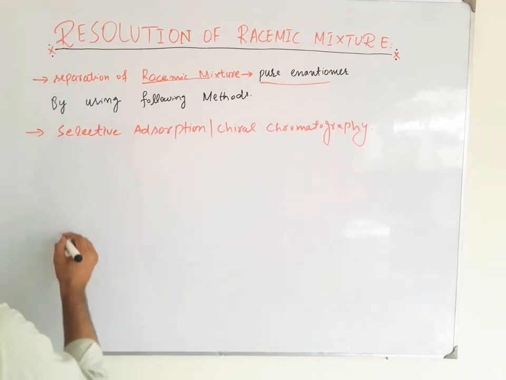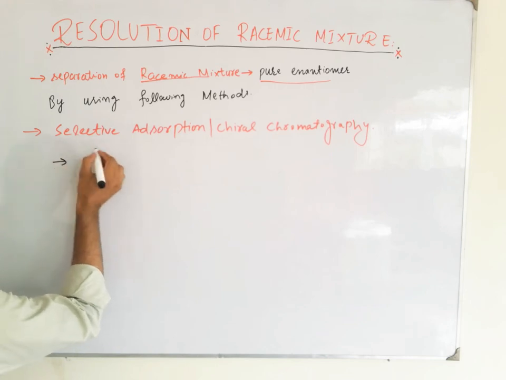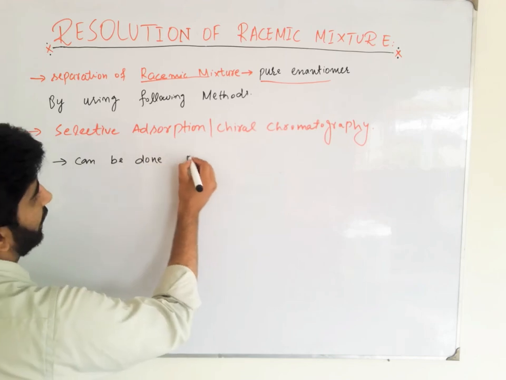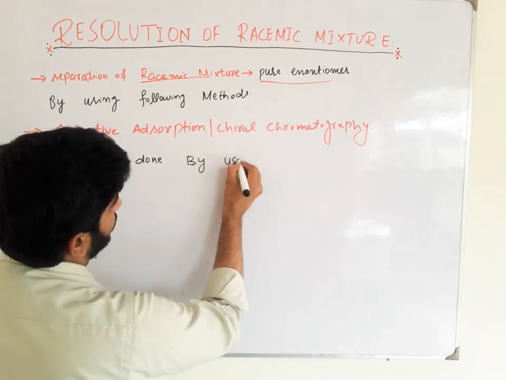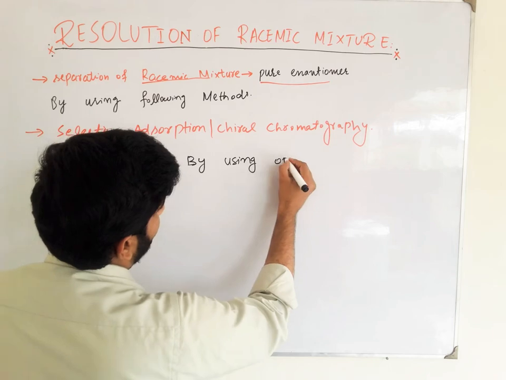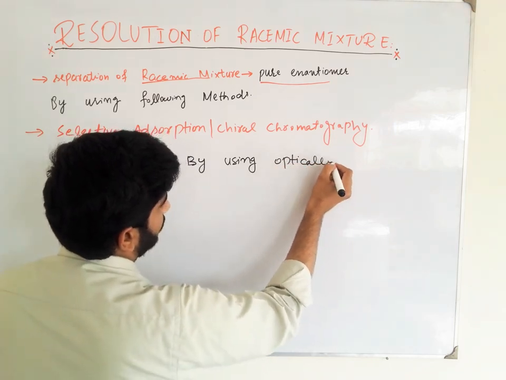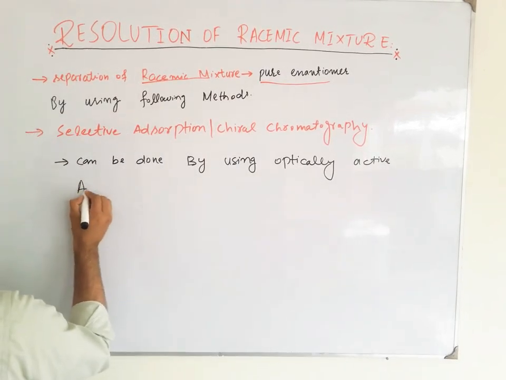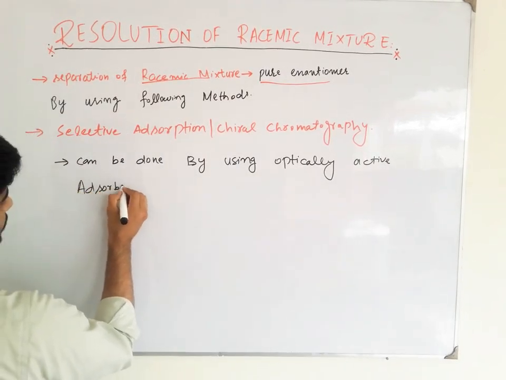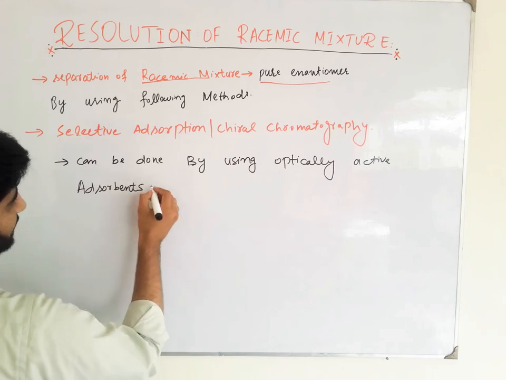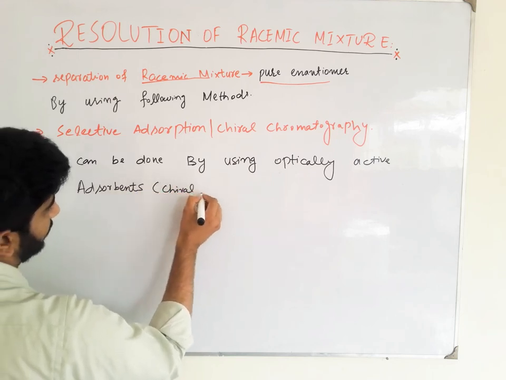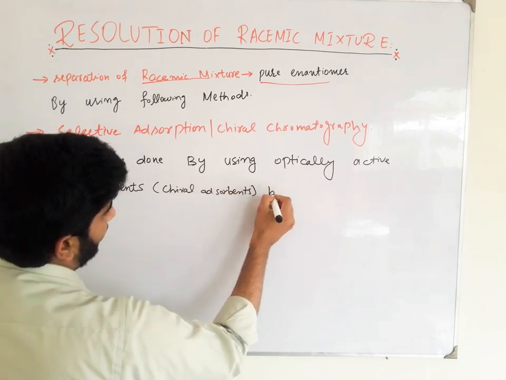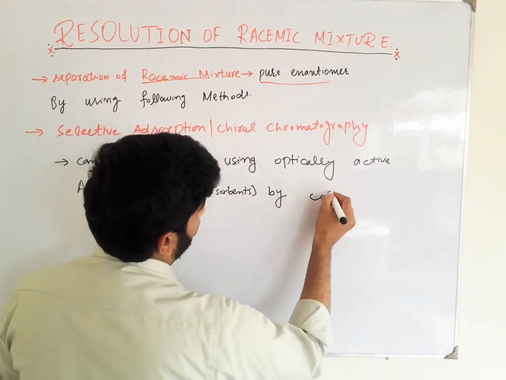This method can be done by using optically active adsorbents. We can say chiral adsorbents, by column chromatography.